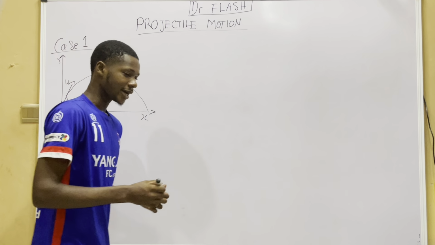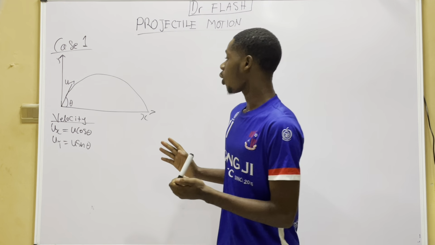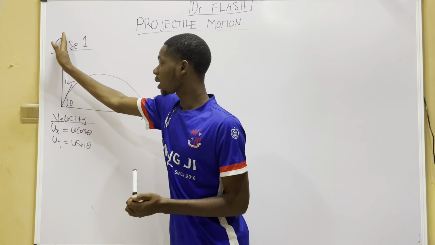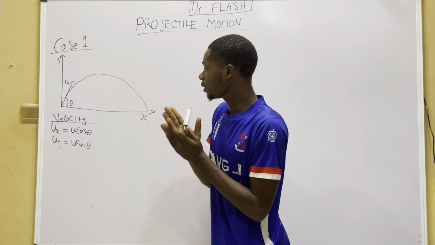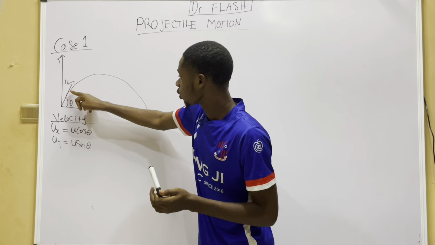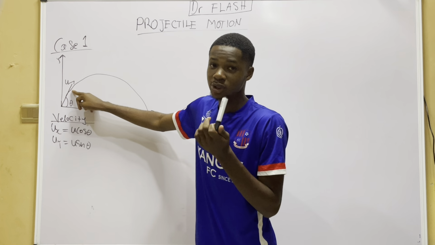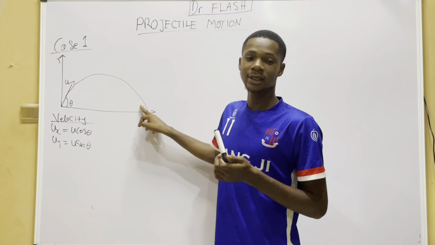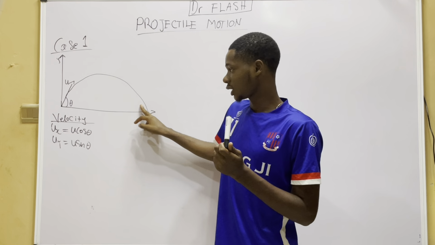Now, a projectile is basically a combination of a horizontal motion and a vertical motion. When they are combined, they form a projectile, which is the body traveling in a curved path like this. The path is called a trajectory.